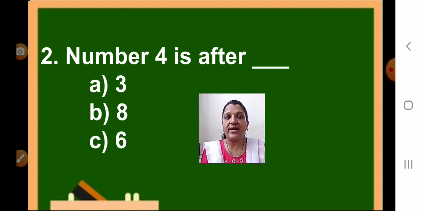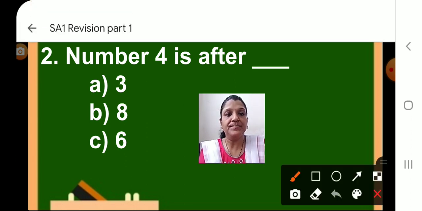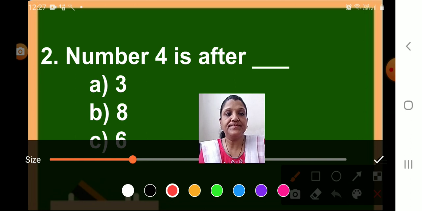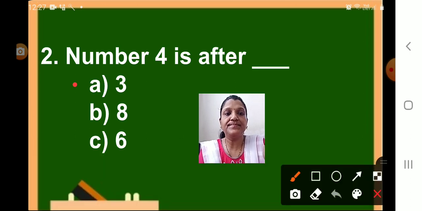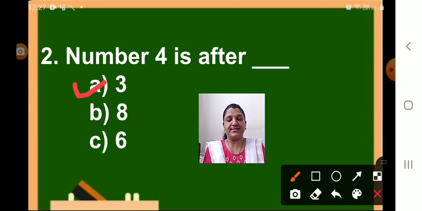So tell me, children, number 4 is after which number? Yes, number 4 is after 3. Correct? So, tick option A, 3, which is the correct option. Now, let us move to the next question.